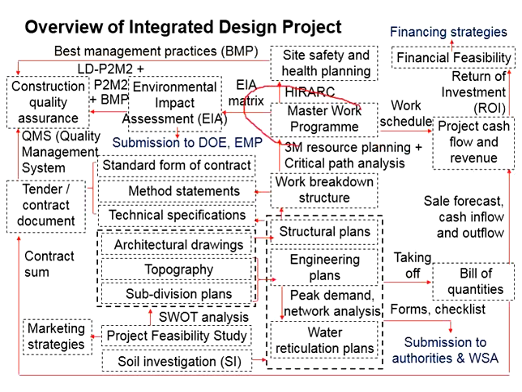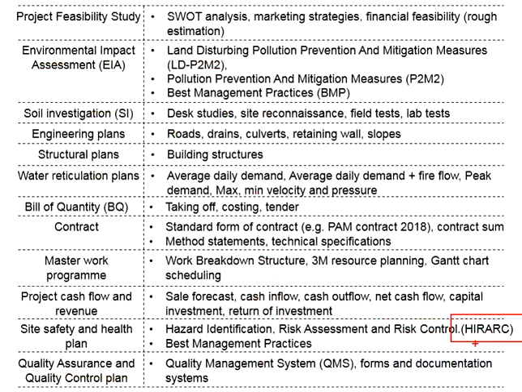Coming back to the Master Work Program here, when the Master Work Program provides the project activities, there shall be analysis in terms of the HIRAC as an important part of the site safety and health planning. HIRAC stands for hazard identification, risk assessment and risk control.